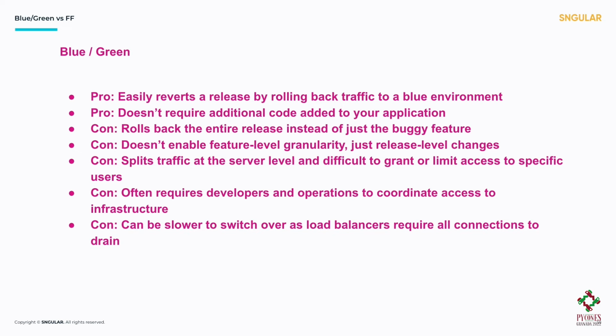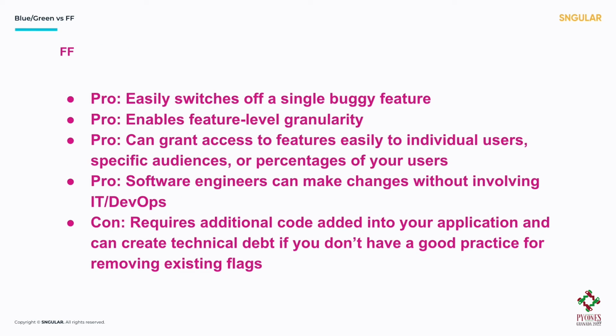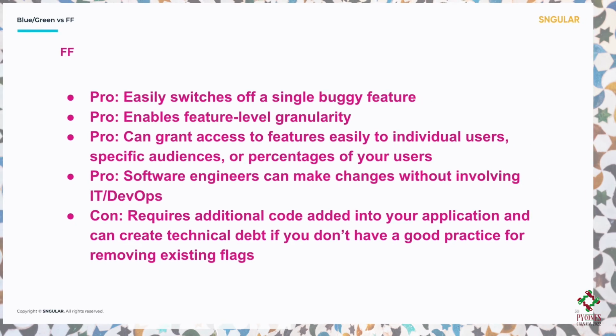In case of a rollback, with blue-green you need to return to the other environment. With feature flags, you just switch a button, and yeah, that's from the feature flag perspective.